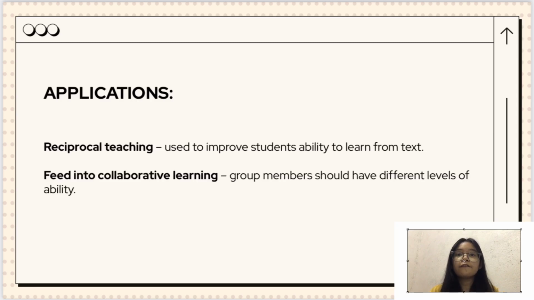Next, we have collaborative learning, in which group members should have different levels of ability. Meaning, more advanced members can help less advanced members operate within their ZPD, so they help each other with guidance.